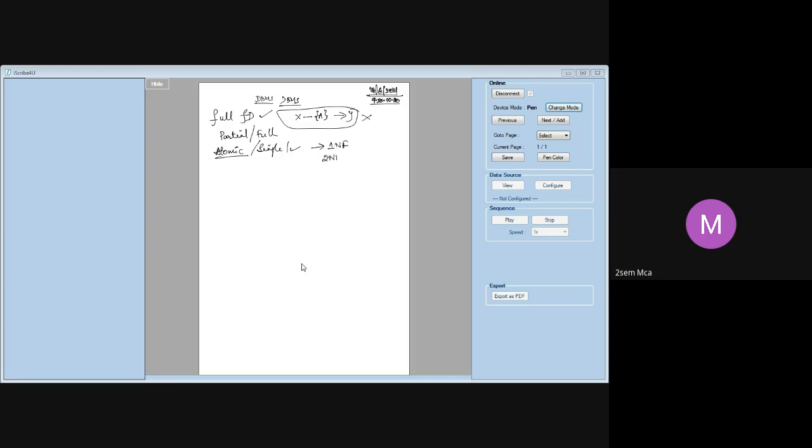How do I check for second normal form? I have to analyze all the functional dependencies of the given table. If all the functional dependencies are full functional dependency, then I say that the table is in the second normal form. If there is any functional dependency which violates this condition, we say that it is violating the second normal form, and hence the table is not in second normal form.